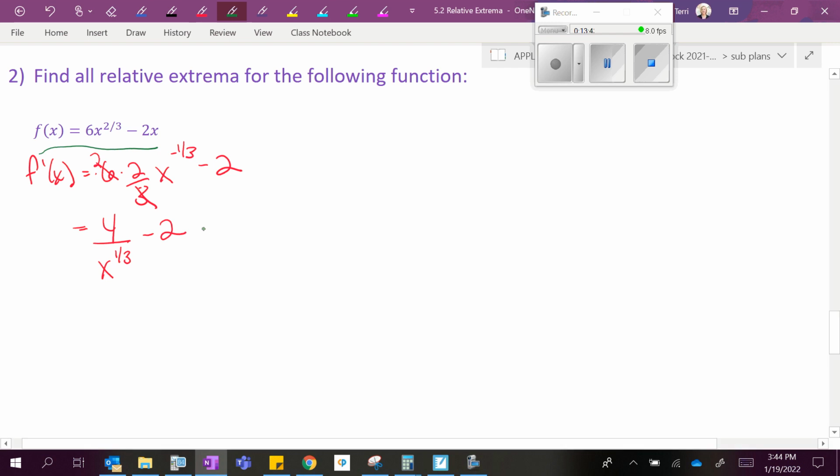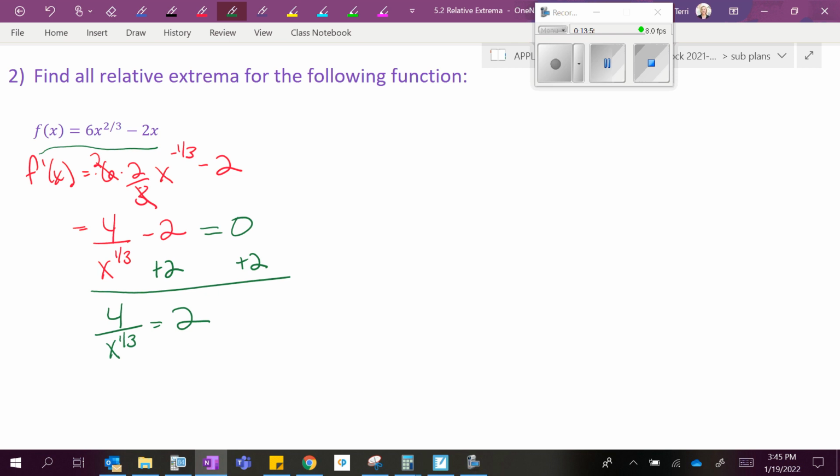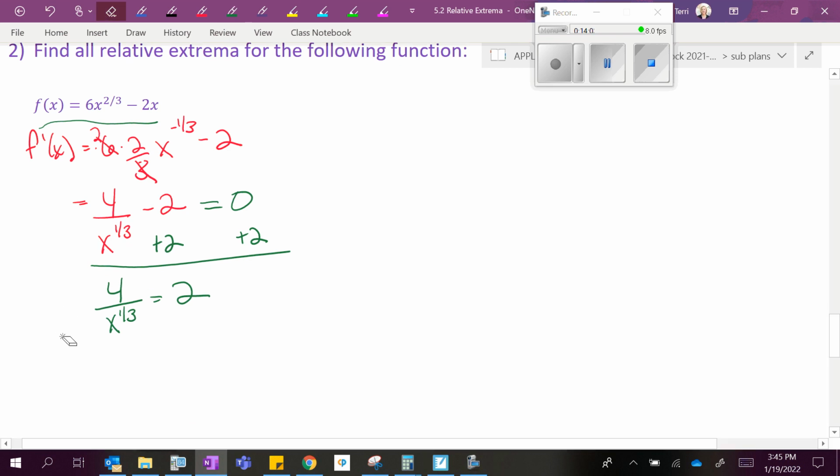Now I set that equal to 0 and I solve. 4 over x to the 1/3 equals 2. Now again, I need to solve this equation. So I added 2 to both sides. Now I'm going to multiply both sides by x to the 1/3, my denominator. Those cancel, and I get 4 equals 2x to the 1/3.